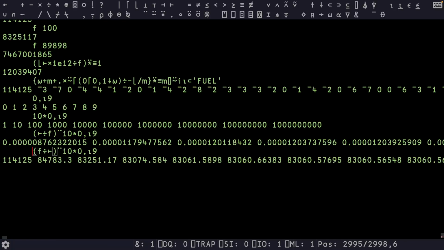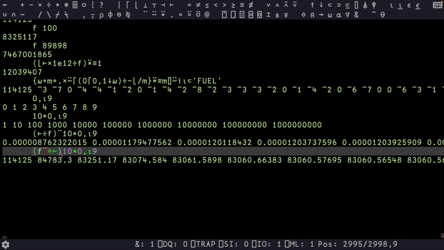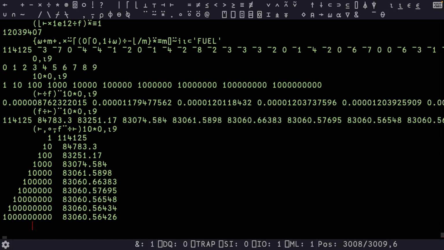And then let's actually move this here, and then we can do right tack shots dot, like so. Okay, so this tells you the ore cost to produce a single unit of fuel as you move up and you start producing more fuel at a time. So if we're just running the reaction and we're producing one fuel, it costs us 114,000 ore to do.